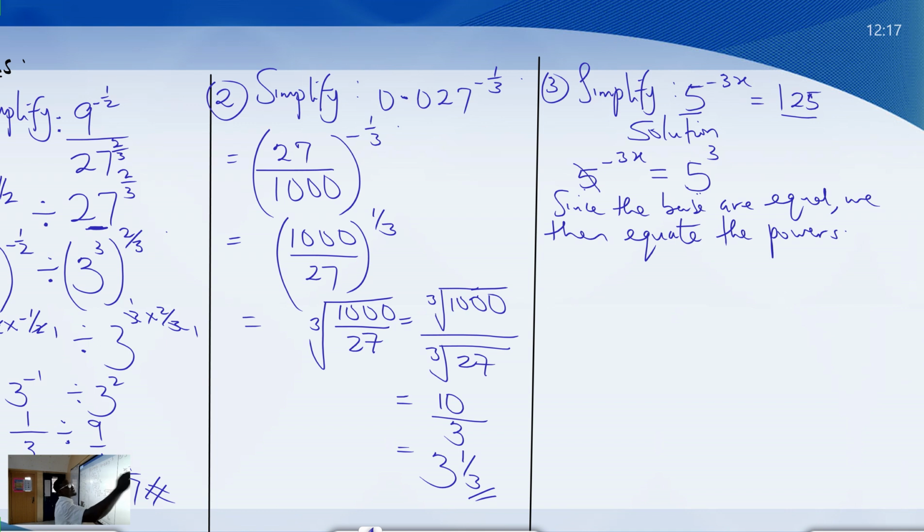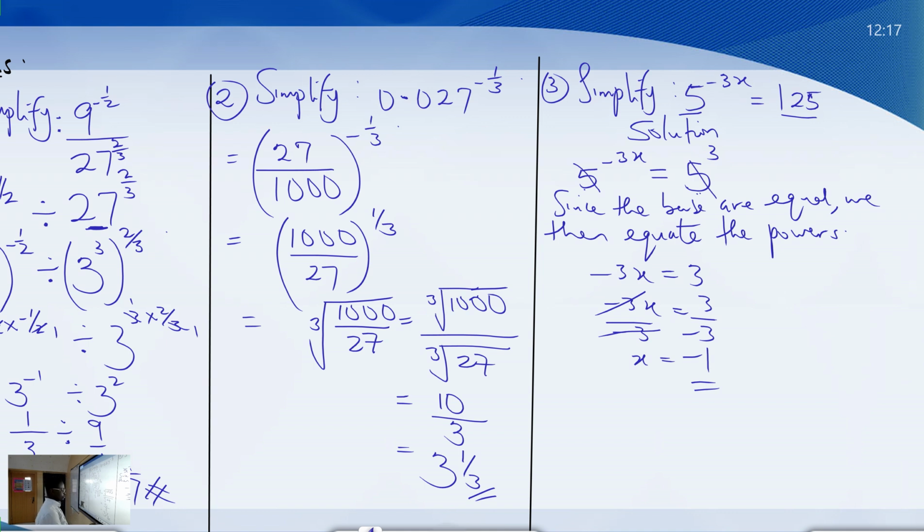So what that means is that 5 can cancel 5, so minus 3x will be equals to 3. So you divide both sides by negative 3, that is the coefficient of x. We have minus 3x over minus 3 equals 3 over negative 3. Just cancel this. So x is minus 1 as the value of x.